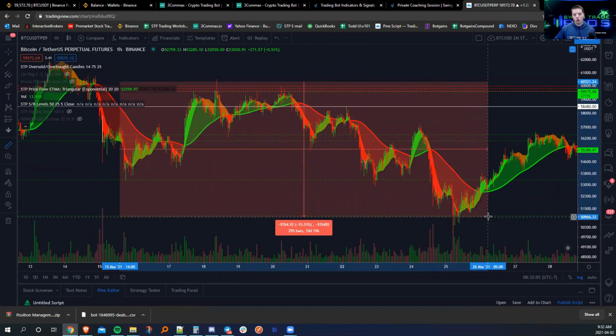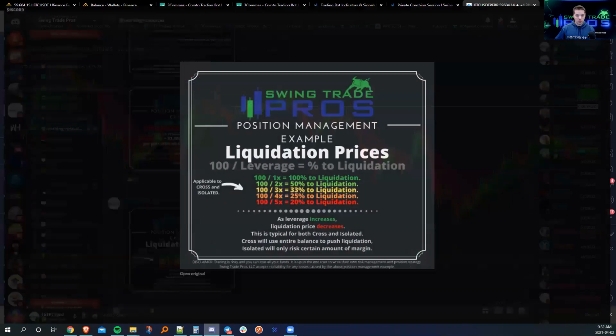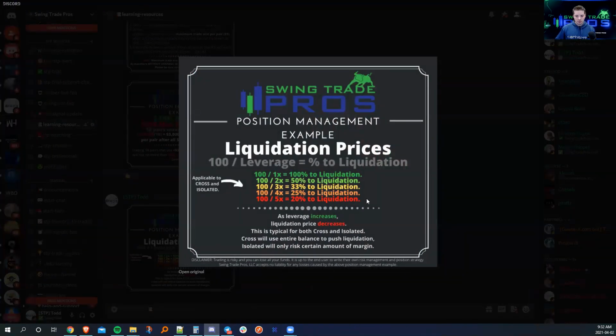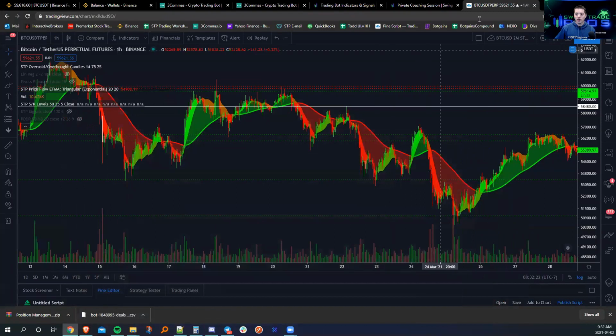If you were over 5x, you would have some troubles and could potentially have got liquidated, depending on how risky you were running or how many pairs. Now this correlates back to the exercise of using this across pairs, and so let's go do that right now.